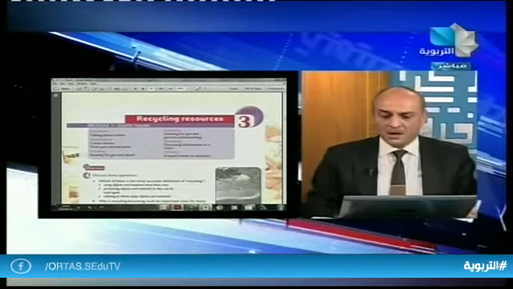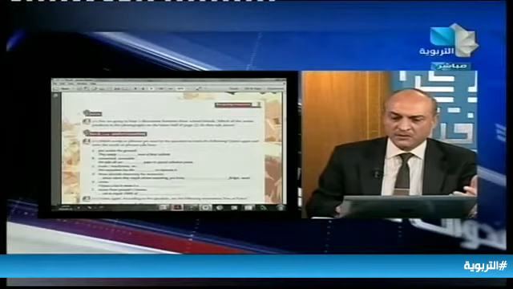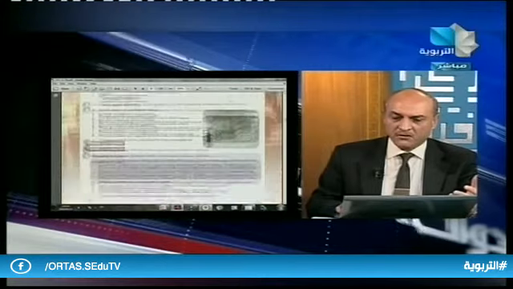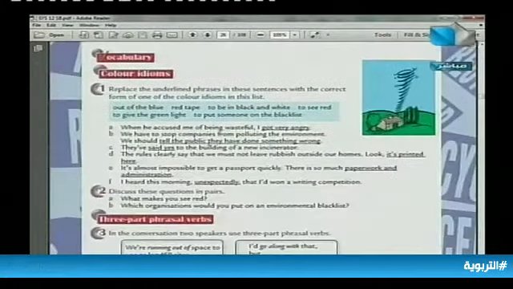Now, let's go on to talk about something which is, I think, very important, which is the color idioms, at page 24. Dear students, dear colleagues, here in the blue books, in exercise 1, you can use your book if you like.